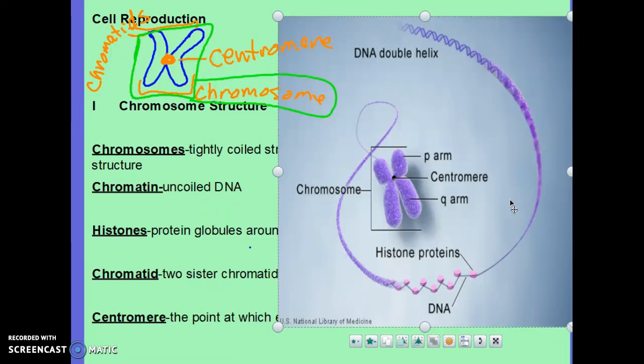You wouldn't just take all of your yarn and throw it in a basket all unwound, because it would get tangled up, it might get damaged, it might get knots you can't get out, you might break it trying to get it apart. The same thing in our cells. We have to keep our DNA organized and neat, so in our cells it's tightly coiled up in these nice, neat little chromosomes.